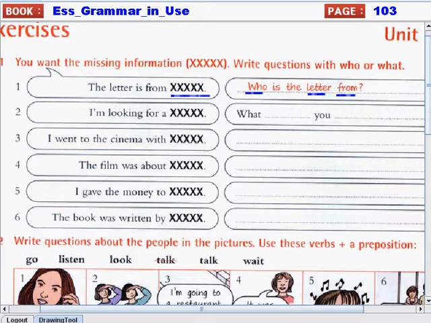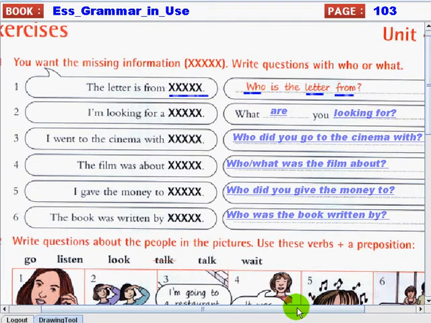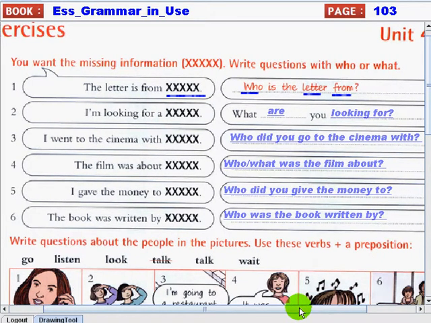Ready now? Good job. Now, I want you to look at these answers carefully and check your own paper if you have the same answers, okay? Number 2. I'm looking for blank.